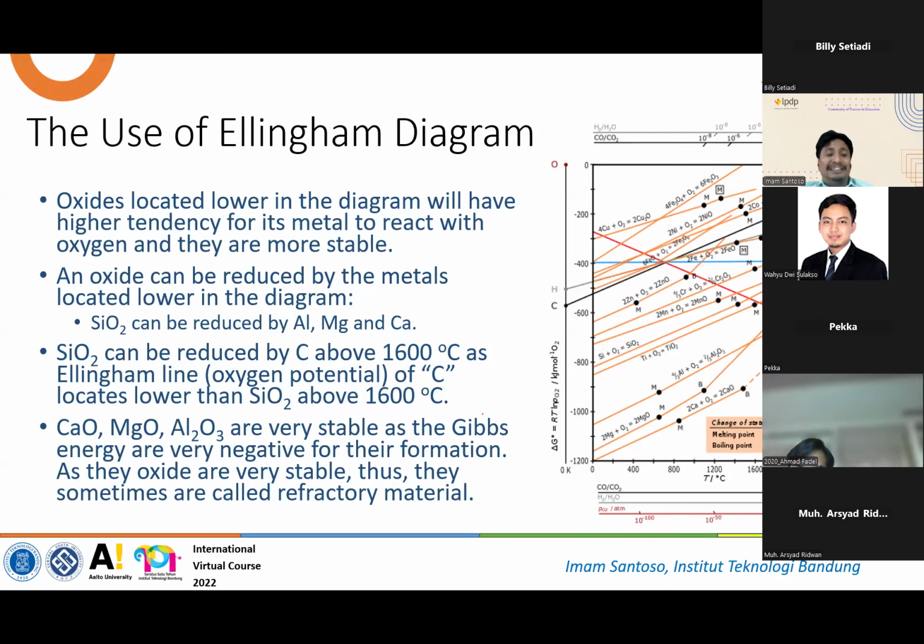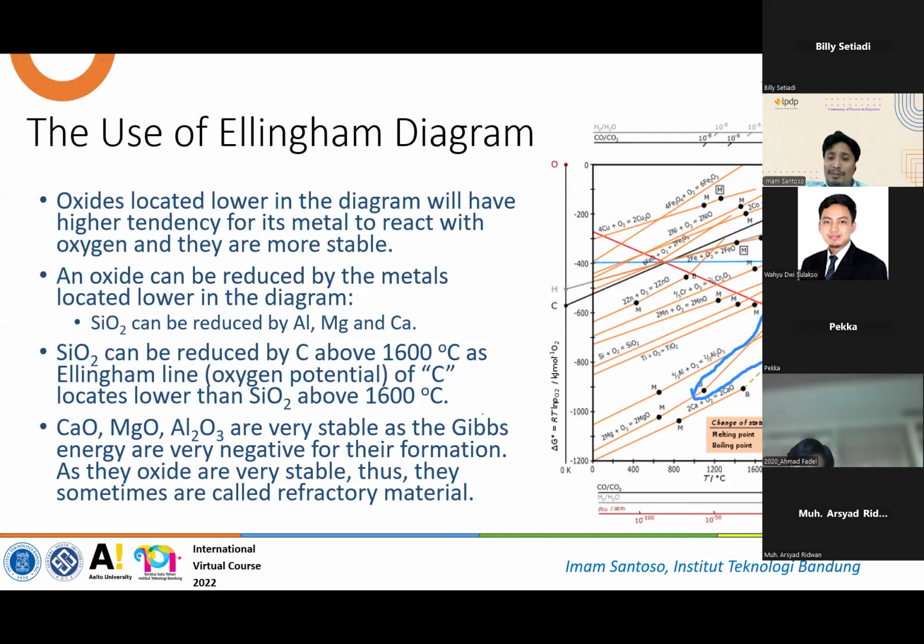Okay, I will change the question. Maybe not aluminum, let's talk about magnesium oxide. Here, I will draw in blue the Ellingham line of magnesium oxide. And the red one is the Ellingham line of carbon.